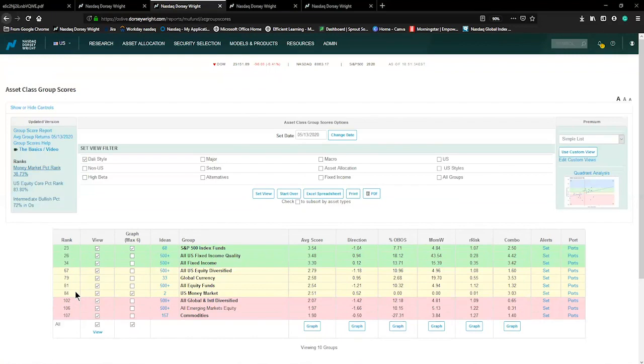The key thing to remember is that the money market reading here, because we do have various money market readings across the site, and Dolly uses some other things that you may also use, is actually indigenous to asset class group scores. It's how the money market asset class travels in competition with all these investable asset classes, which are made up of mutual funds and ETF constituents, to get that reading.